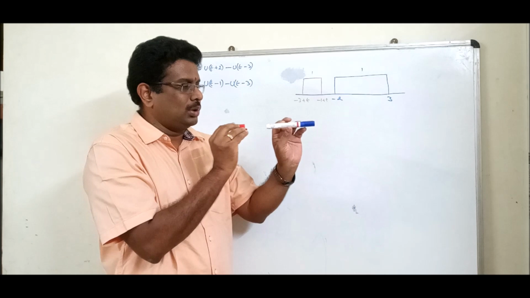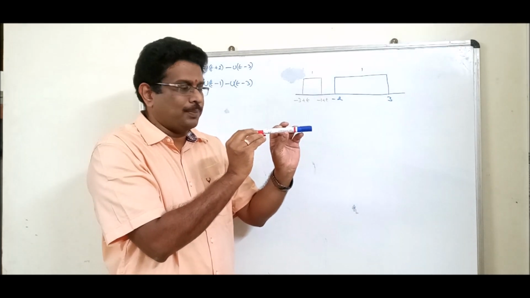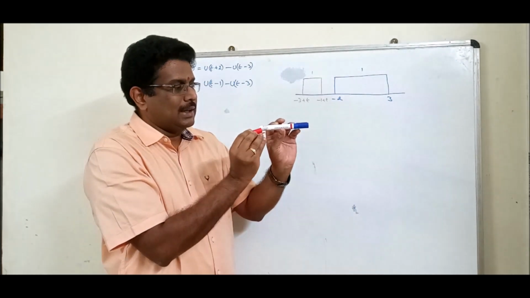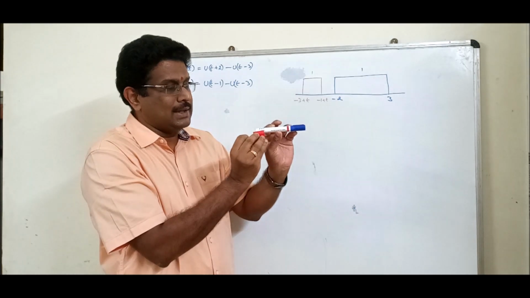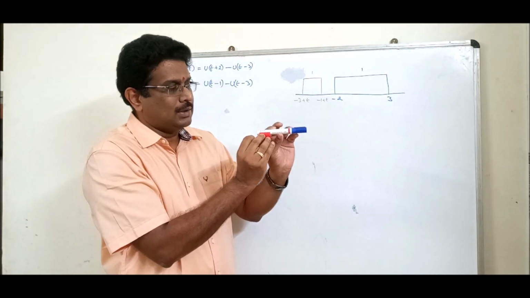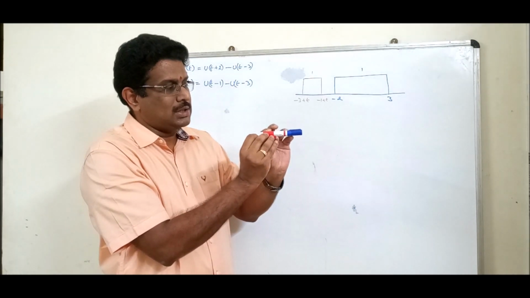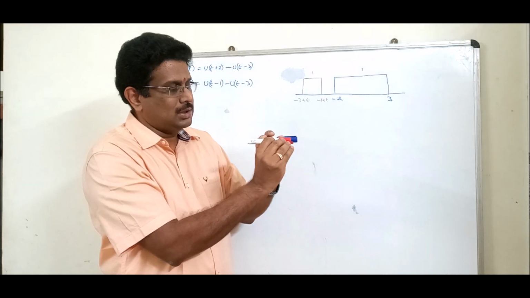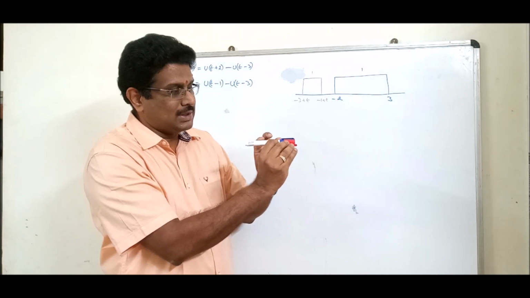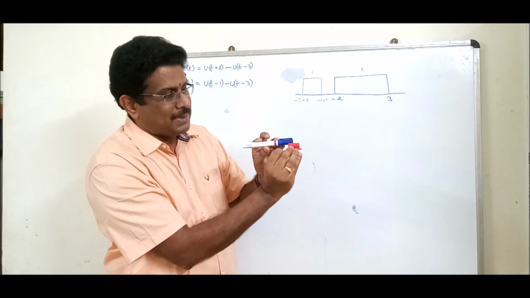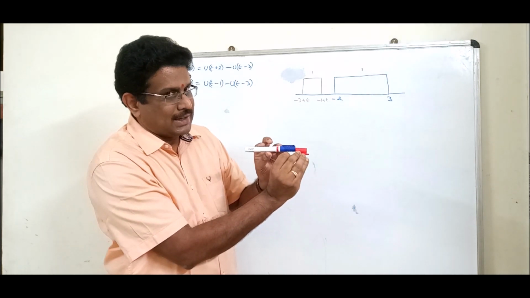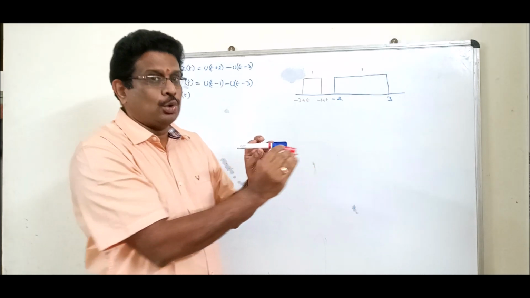Up to touching here, amplitude is 0. Increasing, increasing, increasing. Next, fully overlapping. Constant, constant, constant. Next, going outside, you see, the gap is reducing. Decreasing, decreasing. Next, 0.